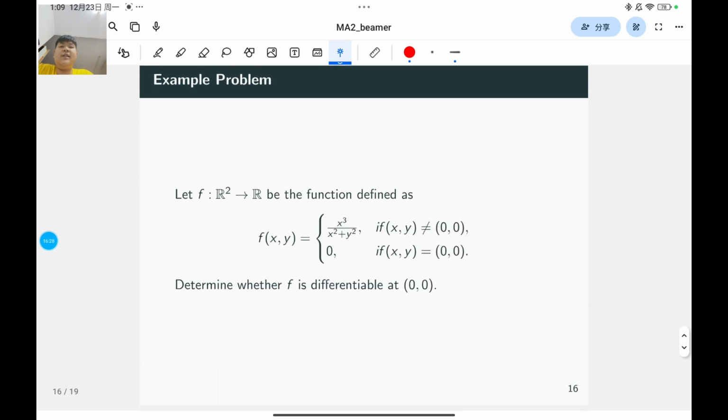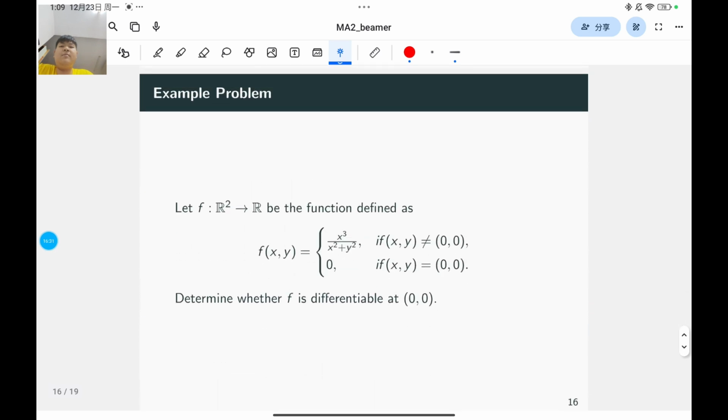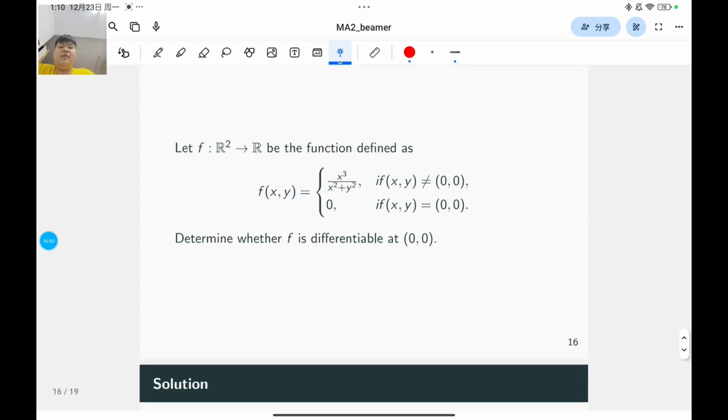Then let's see a simple example problem related to differentiable multivariable functions. Let f be the function defined as x cubed over x squared plus y squared if the point is not 0, and the function is 0 if the point is 0. Determine whether f is differentiable at 0.